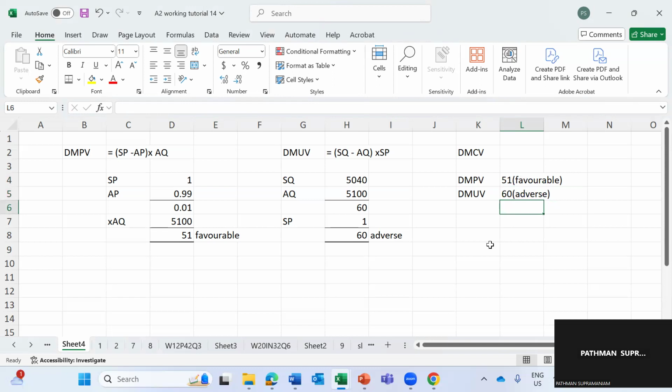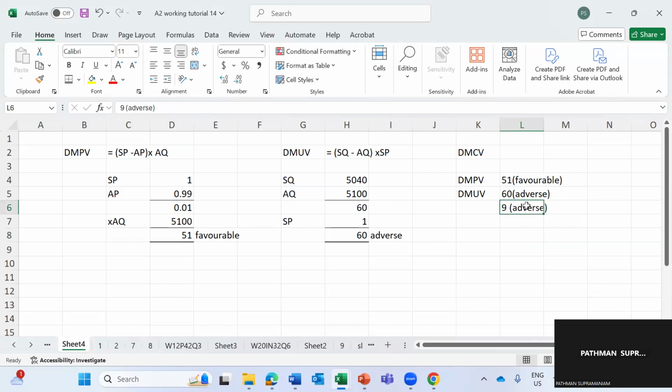Just like in maths. For example, if it's negative 51 plus 60, you take the difference, right? So the same thing goes. The adverse is 60, the favorable is 51. So the adverse amount exceeded the favorable amount by $9. Since adverse is more than favorable, it's $9 adverse.